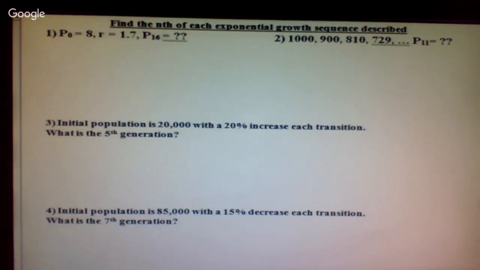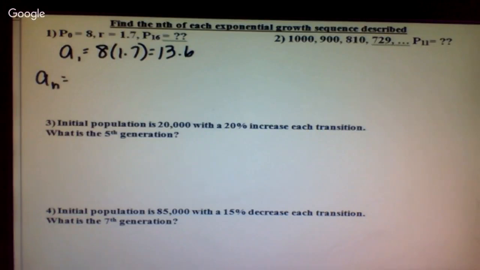All right. So number 1 gives you the value for P sub 0 is 8. Your R value is 1.7. They want us to find P sub 16. What they don't give us is A sub 1. How do I get that? 8 times 1.7, which gives me 13.6. So your formula is A sub n is 13.6 times 1.7 raised to the 16 minus 1, or just raised to the 15th power.